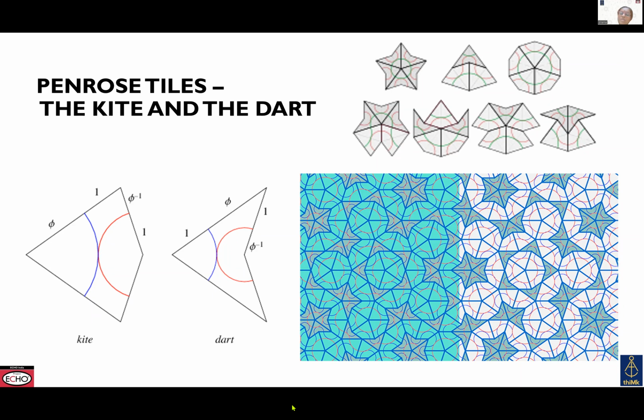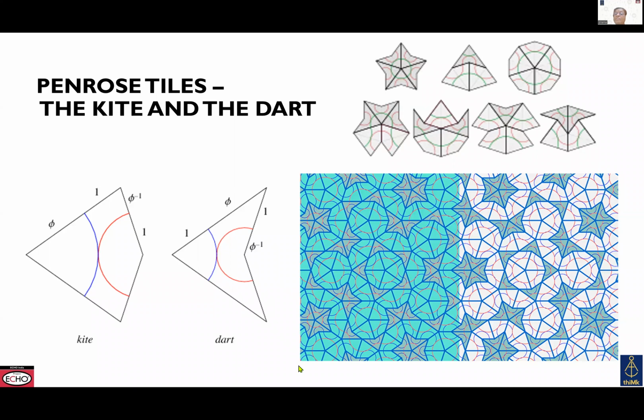And without this rule, if you place kites and darts, the pattern repeats. But with this rule, that is, the red and the blue arcs should be contiguous, new variations keep creeping in and repetition never happens.